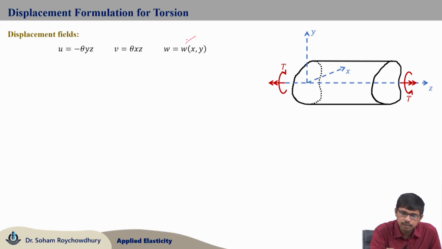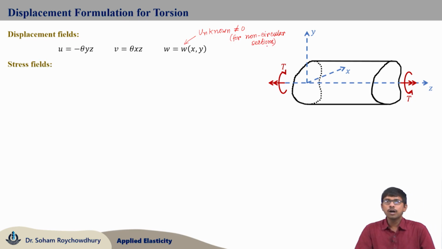This is some unknown function, and this is not equal to 0 for non-circular cross sections as warping is allowed for the non-circular sections.